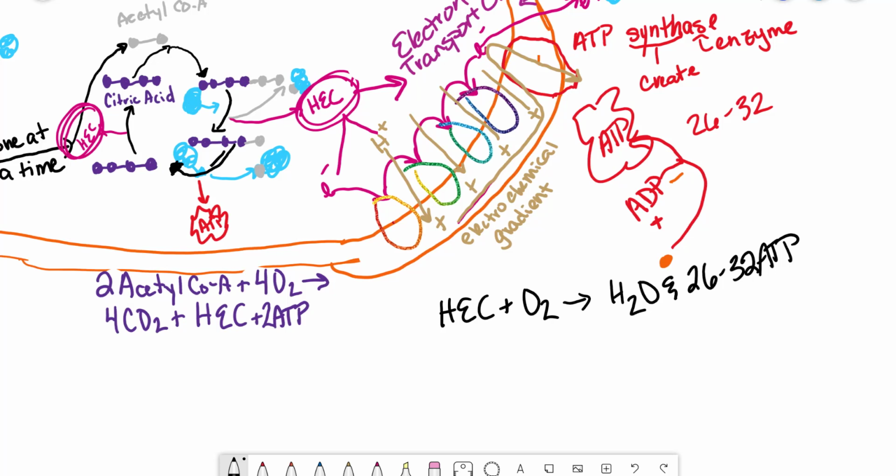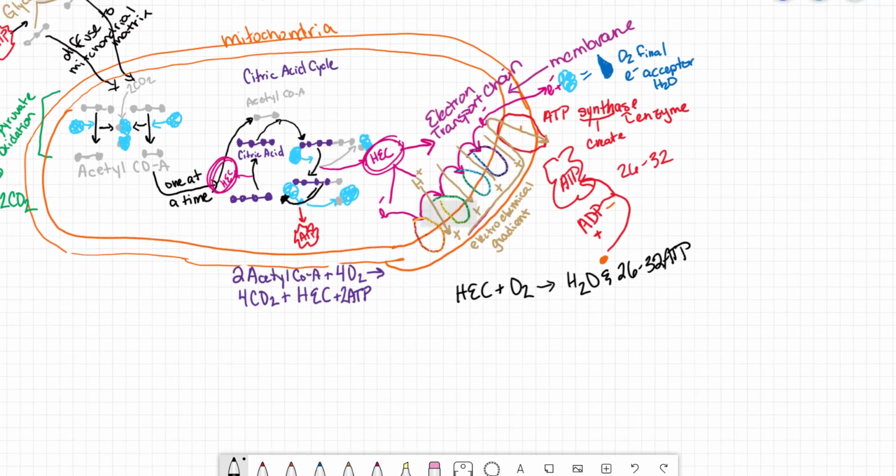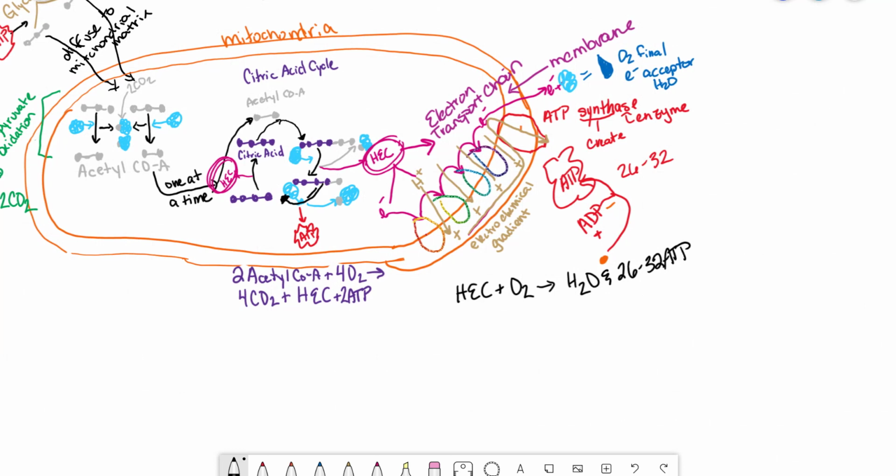Because if you add up the 2 ATP that we made in glycolysis, with the 2 to 4 ATP we made over here in the citric acid cycle, then you're going to end up between 30 and 38 ATP, and every cell is different. So more efficient cells will make more ATP, and less efficient or slower cells will make less ATP. Okay?